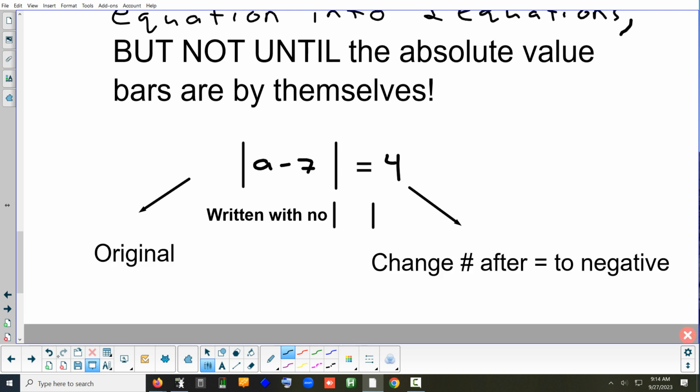It pretty much says on your guided notes, actually no, I don't think it says it, right below the 2 vertical bars. You probably want to write this in: written with no absolute value bars.